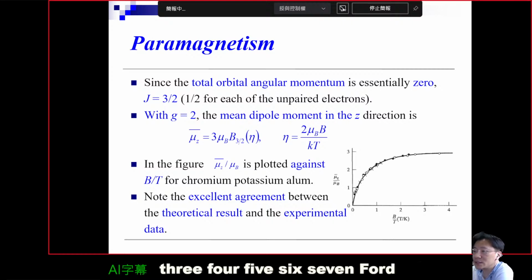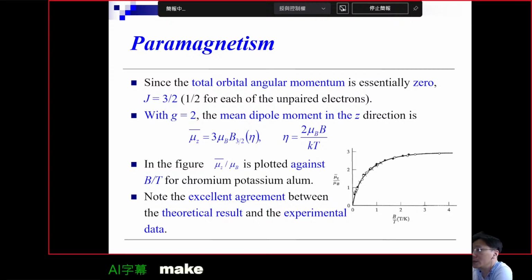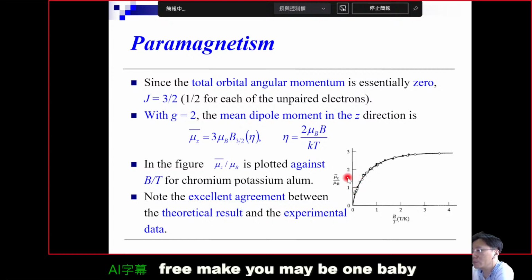For those cases, they have different electrons in the 3D orbital, and therefore you can calculate the magnetic moment for those valences and know the saturation mu z would be close to maybe 3, maybe 2, maybe 1, maybe 1 half, and so on. Then the experiment result will confirm which kind of variant you met in your compound.